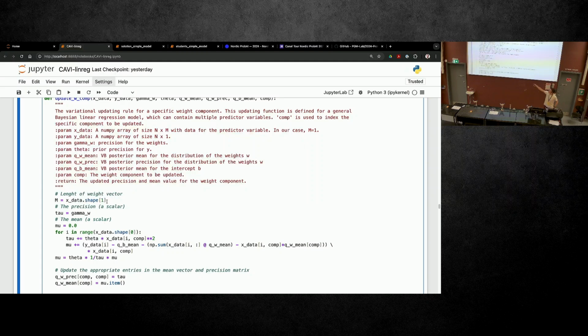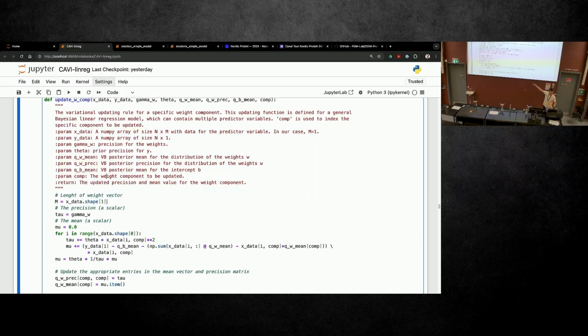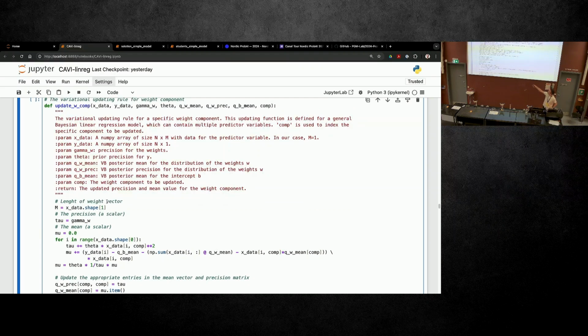For instance, when we specify the updating rule for W, we can update each of the components in the weight vector. Which component to be updated is given down here, the weight component to be updated. That will always just be one. Keeping that in mind makes the reading much easier.